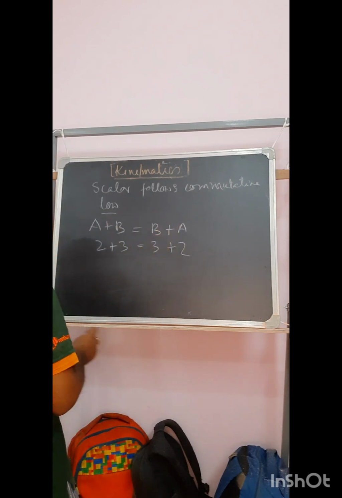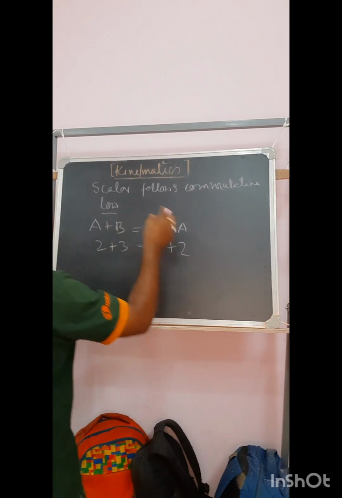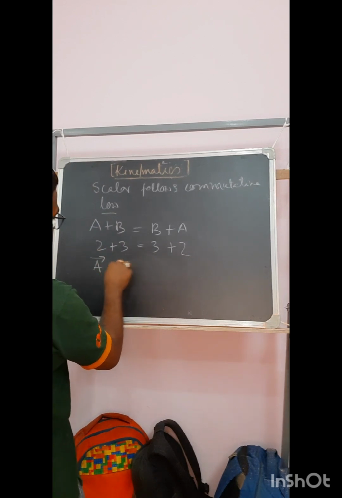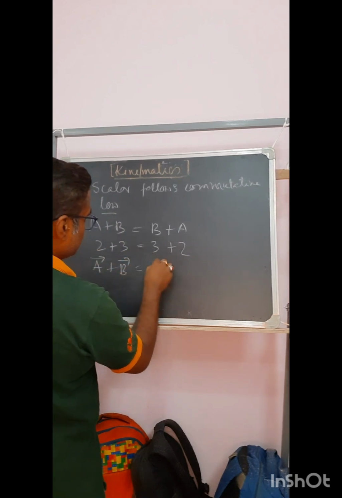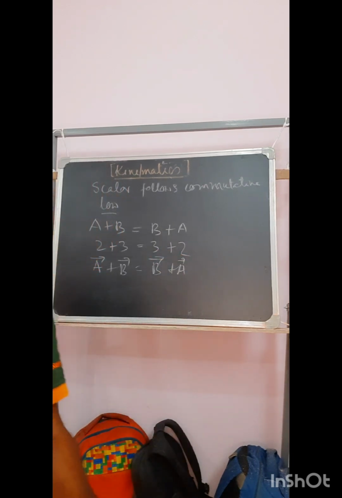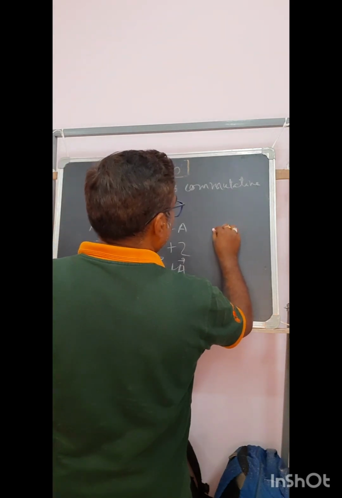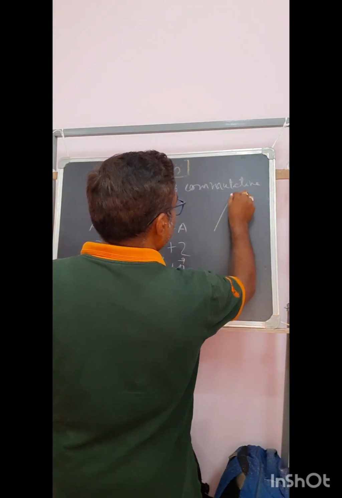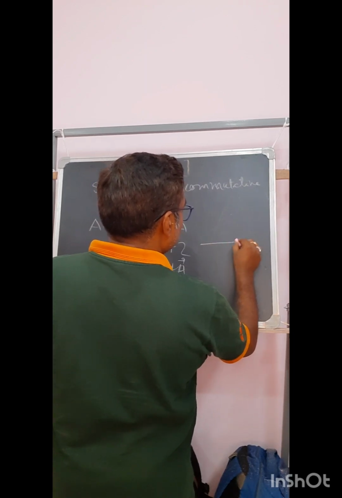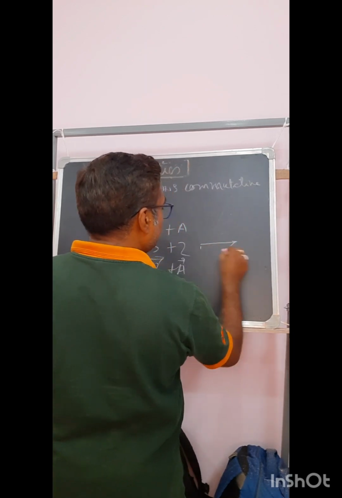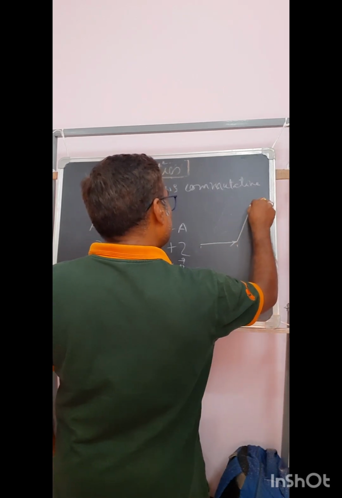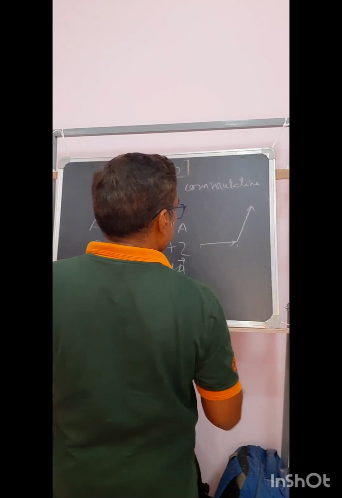This can be written for scalars, but can it be written for vectors also? That means if it has to be written for vectors a plus b, and it is commutative, then we must be able to write b plus a. So how will we do that? Say two vectors are arranged head to tail, and then another vector follows from tail to head.